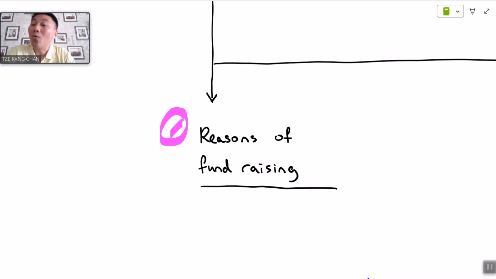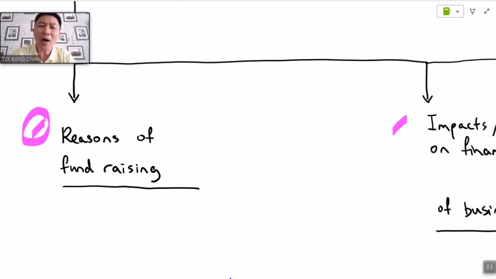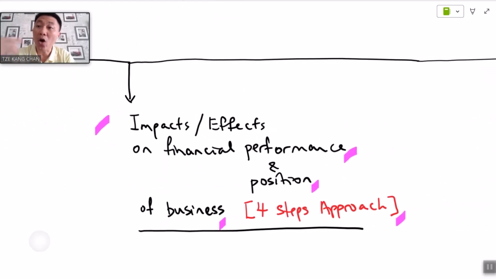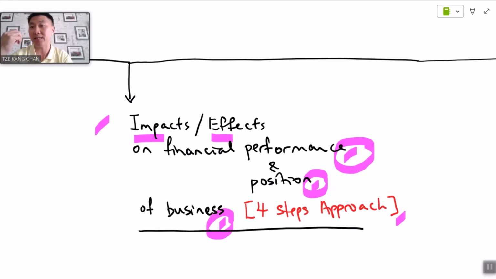So, once the reason for raising the funds has been identified from the storyline given by the question, how are we to carry on the assessment to quantify the effect or impact on the financial performance as well as the financial position of a particular business?